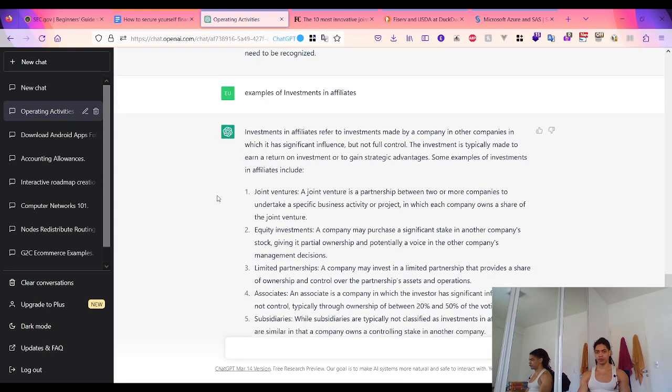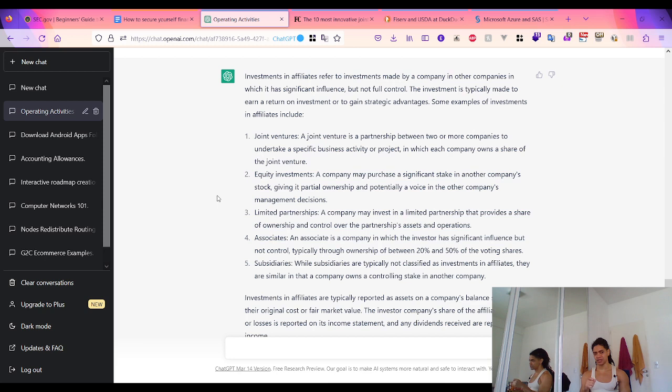So this is a joint venture, again part of the investment in affiliates. Equity investment: a company may purchase a significant stake in another company's stock, giving it partial ownership and potentially a voice in the other company's management decisions. Limited partnership: a company may invest in a limited partnership that provides a share of ownership and control over the partnership assets and operations.